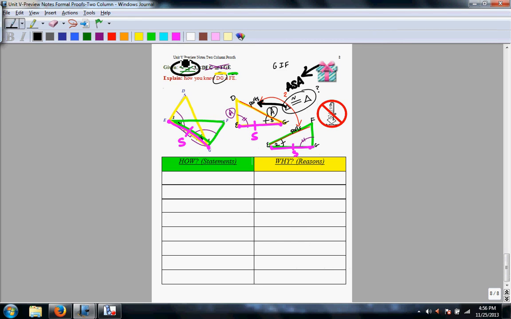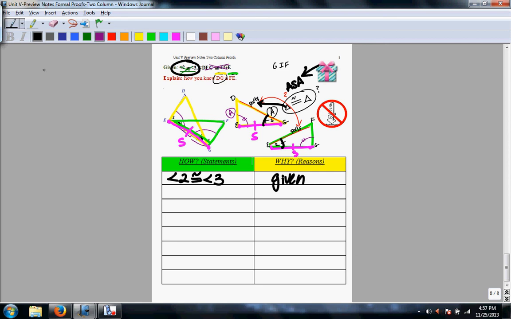So I'm going to start with my first set of angles. And I'm going to say angle 1 is congruent. Excuse me, not 1. It was angle 2 and 3 were congruent. And the reason why is because it is given.